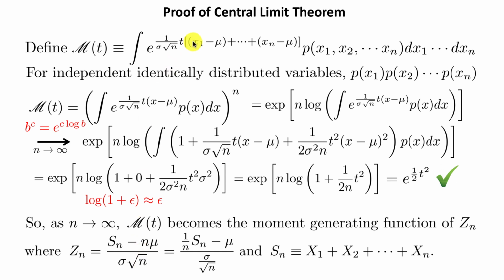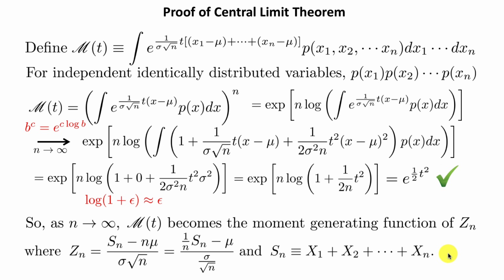That is actually what was put in by hand by us above. And so another way of writing this is Sn divided by n minus mu. So all I've done is I've divided this side over here by n, and here is what we get, with Sn being the sum of the random variables x1 through xn.